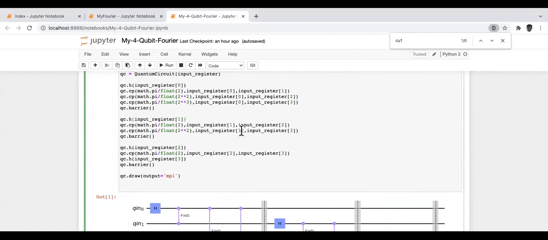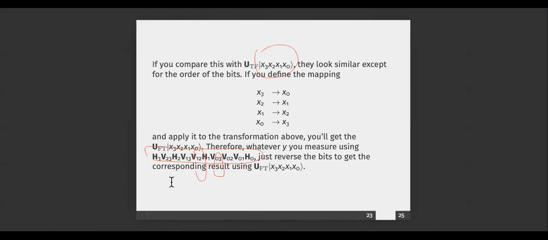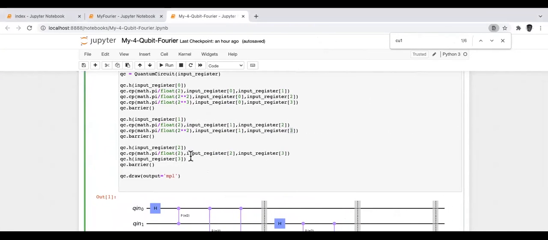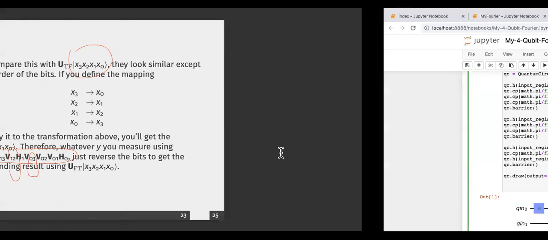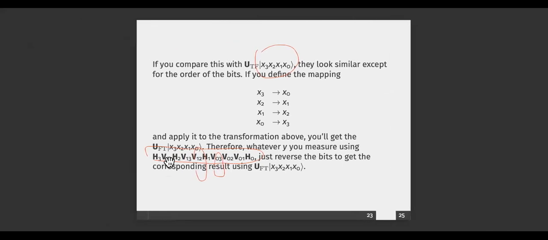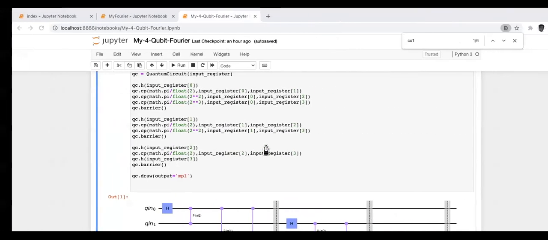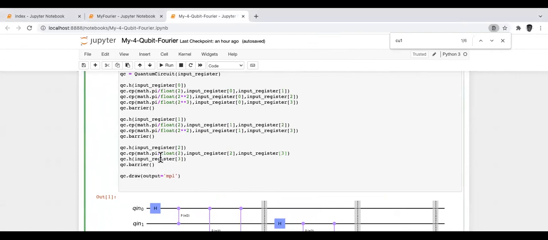Then you apply Hadamard to the next qubit, H2, which is register 2, and then the controlled phase rotation for qubits 2 and 3, and finally Hadamard for the third register.